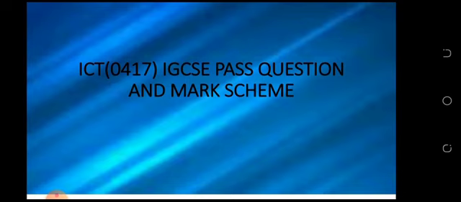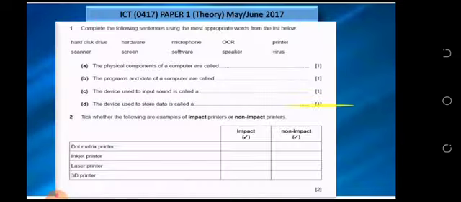I picked just 2 questions, and the marking guide for those 2 questions. So now let me move my slide to the next slide. Yes, as you can see on my screen, ICT paper 1 May-June 2017.